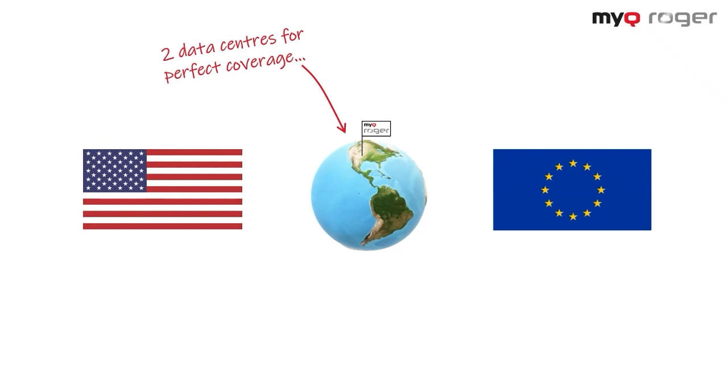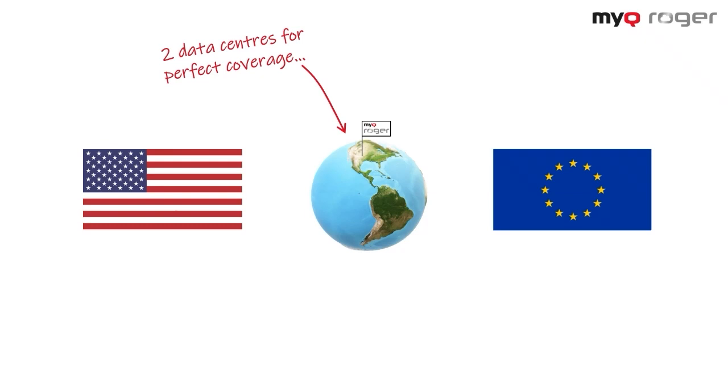An important message to those that are really concerned about data security: those two data centers are not interconnected. So if you are running your business in the European Union, everything is covered by the EU data boundary. So you don't have to be worried about sharing your data with America, and vice versa, of course. So like I said, those two data centers are completely independent and are able to cover the whole world.